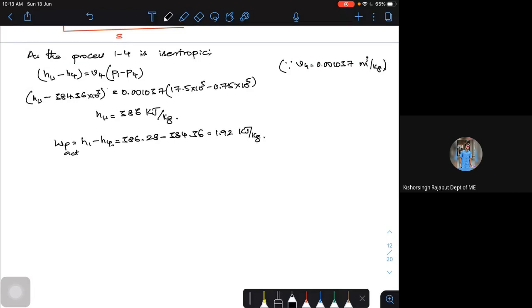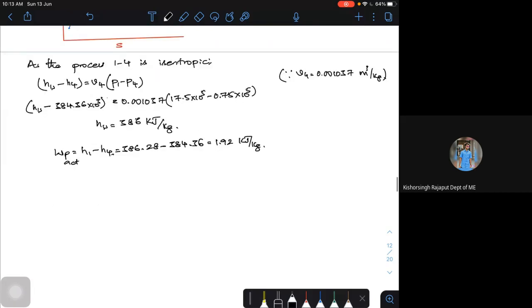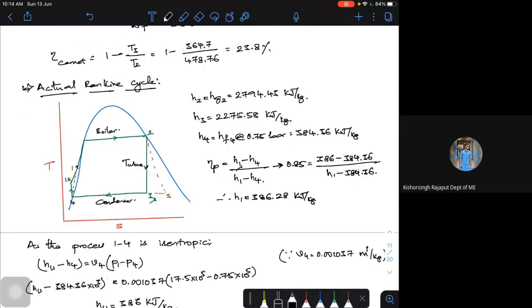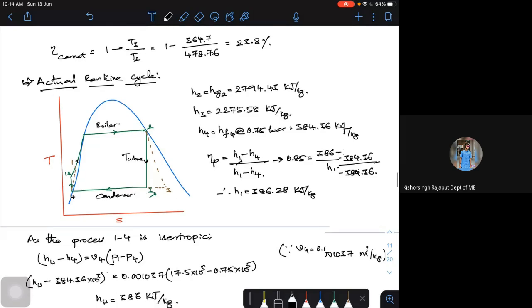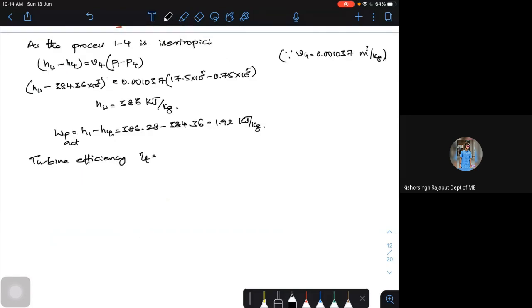Okay, now similarly, we need to look for the turbine efficiency. The turbine efficiency is given by the actual work, that is H2 minus H3, divided by H2 minus H3S.